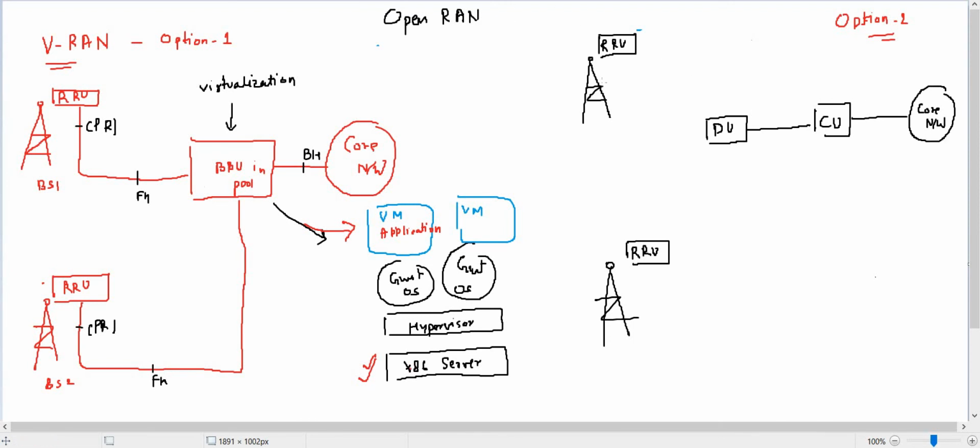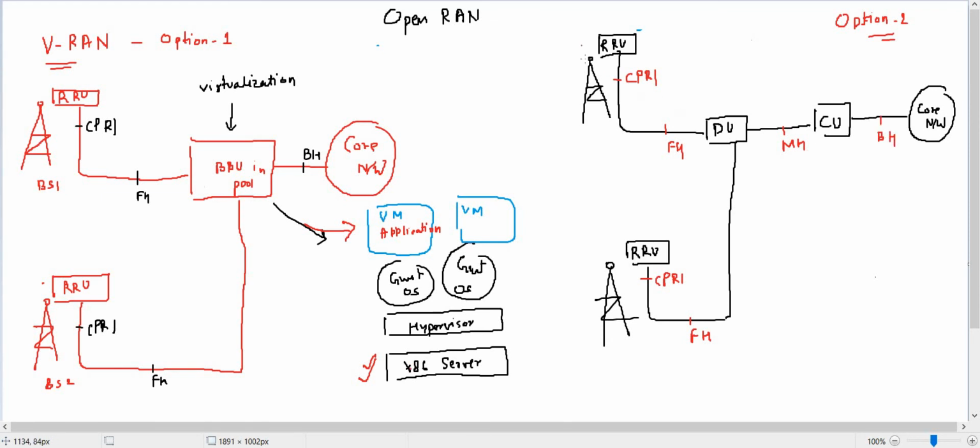Okay, fine. Let's draw the connections and mention the names of interfaces. This is your CPRI. This is your Fronthaul. Fronthaul is the connection between RRU and DU, this is your Midhaul, and this is your Backhaul.